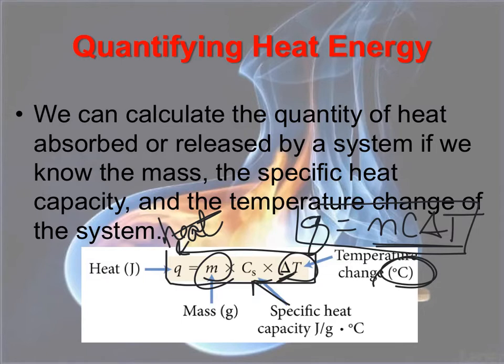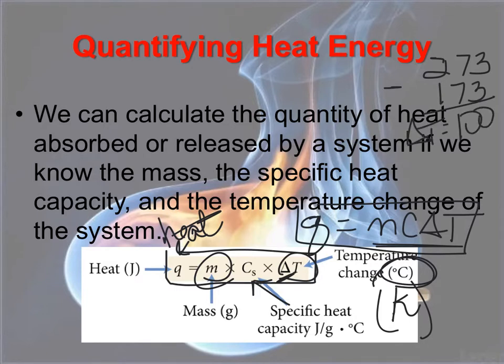So when you use this formula, you can put temperature in Kelvin or Celsius as long as it's the same. So if I'm going from 273 Kelvin down to 173 Kelvin, my delta T in Kelvin is 100 Kelvin.